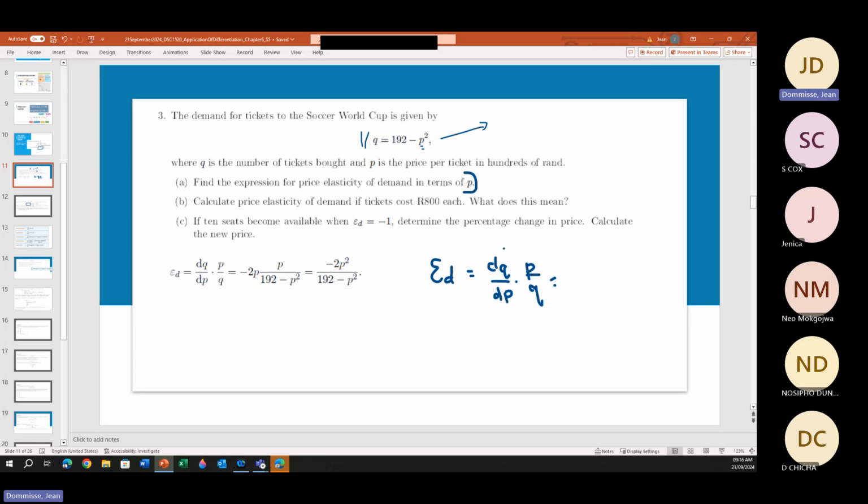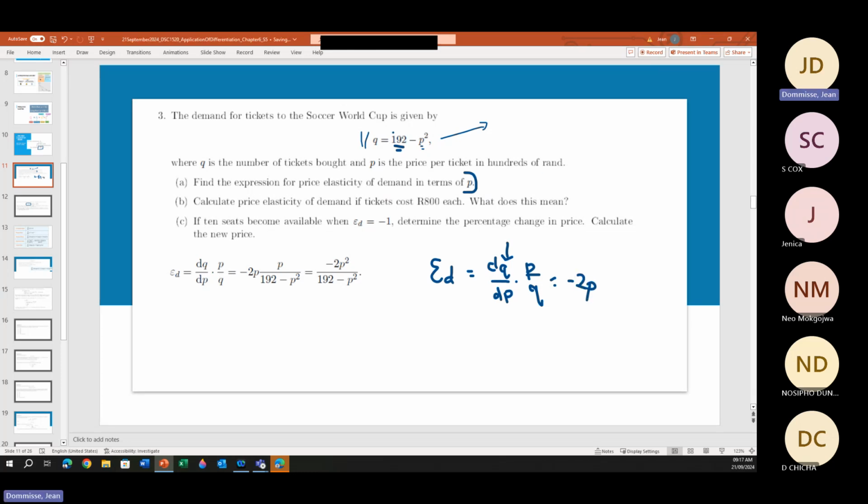So the first thing is to differentiate this formula. If we differentiate this formula, the 192 will fall away, and there we will have minus 2p.